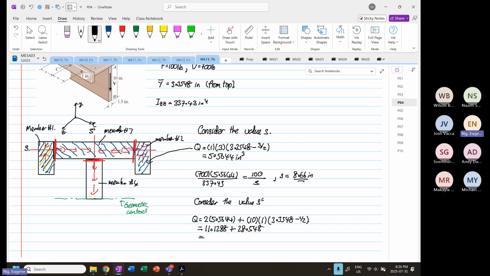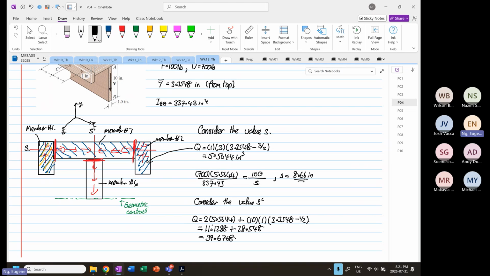So this will be equal to 11.1288 plus 28.548 is equal to 39.6768. And the answer is the number 6774. You got a 74. Wait, did I miss out on anything? Let me check first.